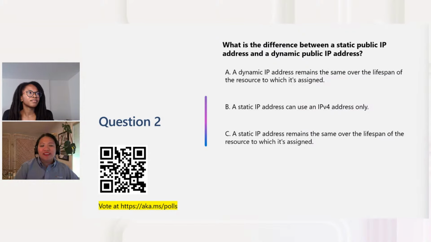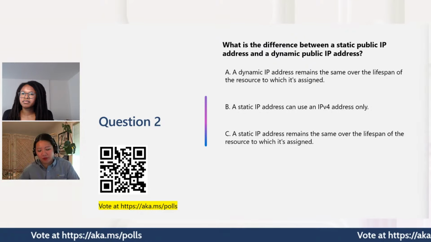Hopefully this is still fresh in your memory as we just went over this, but I'll go over the answers here as we give folks time to respond. Just a reminder, you can use your mobile device to participate in this poll, or you can put in https://aka.ms/polls, and this will take you to the site that allows you to participate in this poll.